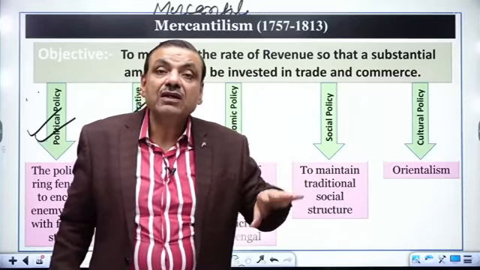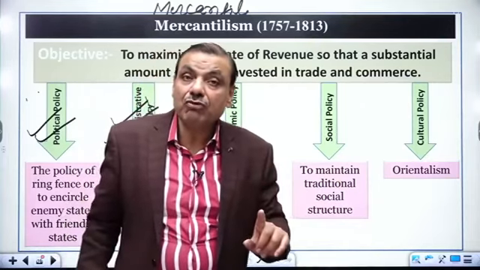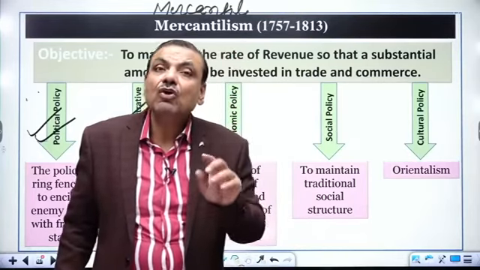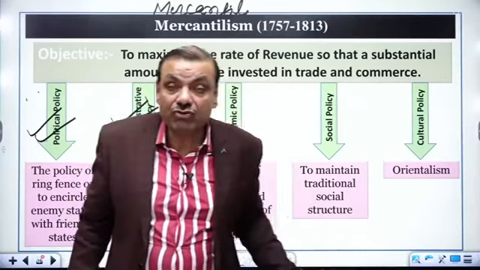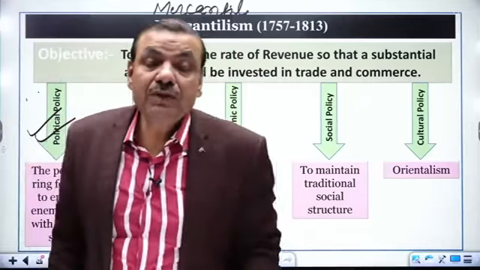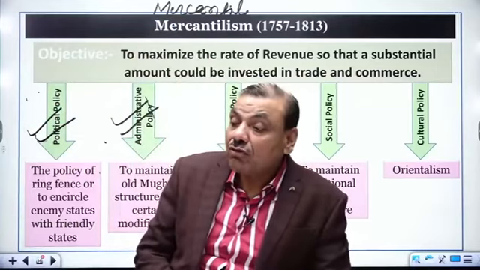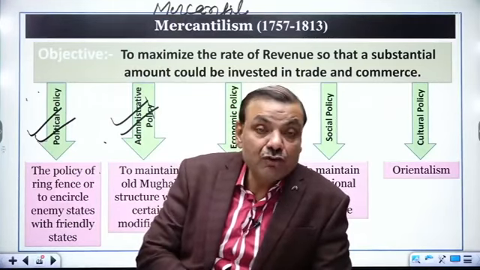But my students, you have to be careful about the fact that there is one exception, and who is the exception? Lord Cornwallis was a slight exception, because when Lord Cornwallis was sent to India in 1786, the British had already lost America in 1783 on the basis of the Treaty of Paris.